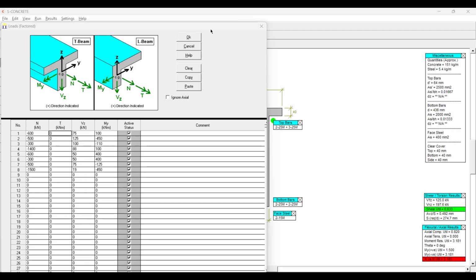So here, the dead load is 50 kilonewton meter. So we're going to put 50. Next, the live load is 20 kilonewton meter, and factored load is 92 kilonewton meter.